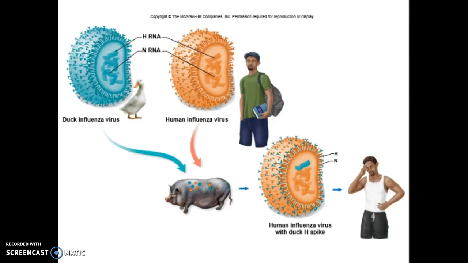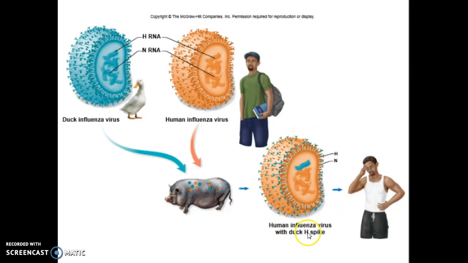This is looking at shifting, where you have the duck influenza virus here, so it's in blue, and you have the peach colored influenza virus here. This is duck, this is human, and in scenarios where there's close proximity between a duck, a human, and a pig or swine, these two individual viruses can infect the pig, and if both viruses are able to get into the same cell of the pig, then you have this brand new virus here.